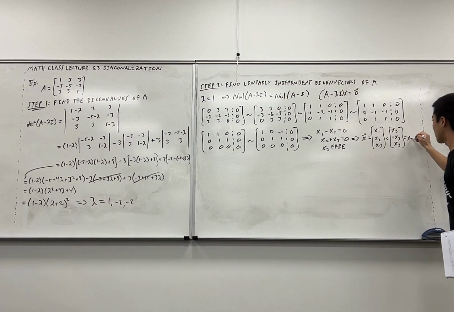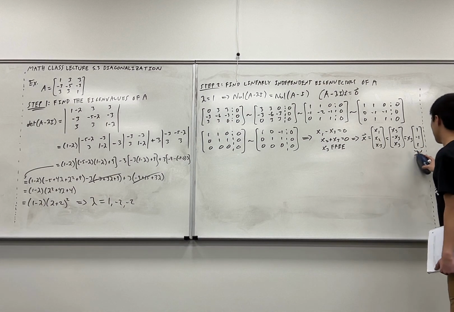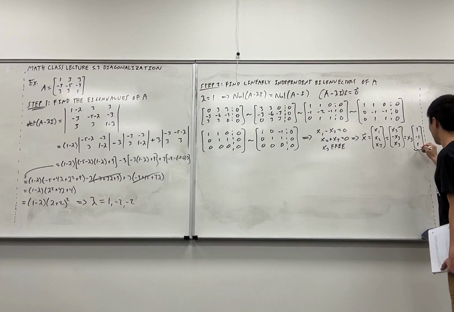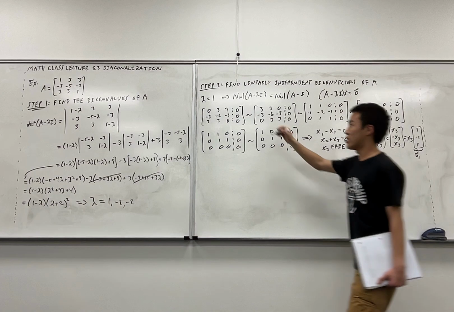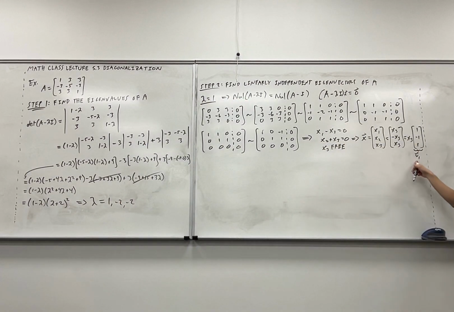So if I factor out the x3, I get 1, minus 1, and this right here is our corresponding eigenvector. So this eigenvalue is tagged to this eigenvector, and we just keep that together in our head, right?